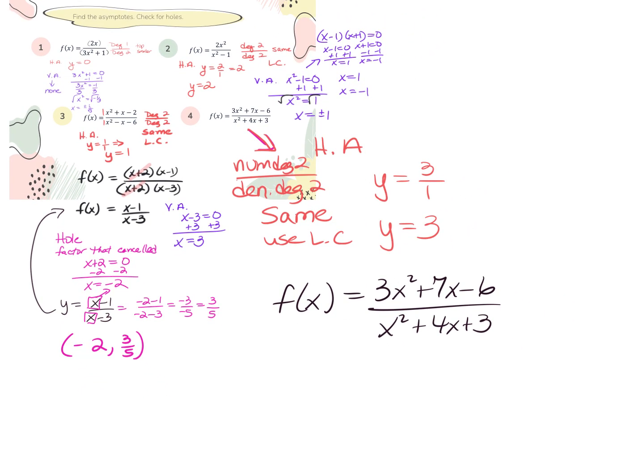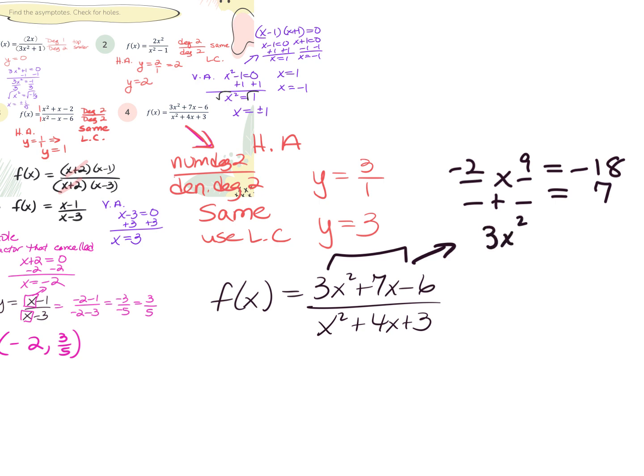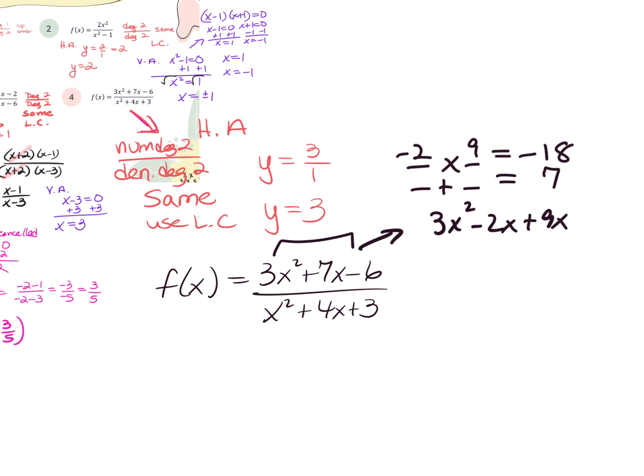You could guess and test. So for the numerator, when I factor this, I'm going to multiply, and I get two numbers that multiply to give me negative 18, but add to give me 7. And that'll be negative 2 and positive 9. So 3x squared minus 2x plus 9x minus 6.